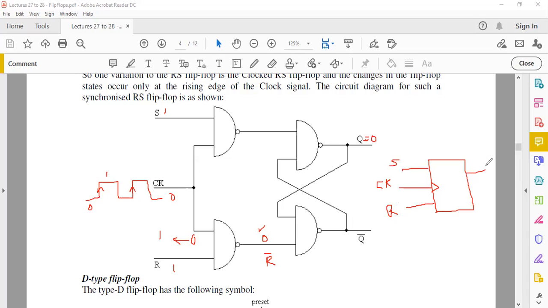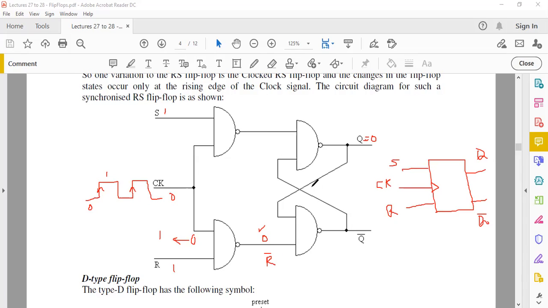Okay, so this is going to be your Q and Q bar as before. So what I'm trying to say here is these 2 pins now are S and R, not complemented. So when we consider the flip-flops without any additional gates to produce a clocked feature, this was S bar and R bar.